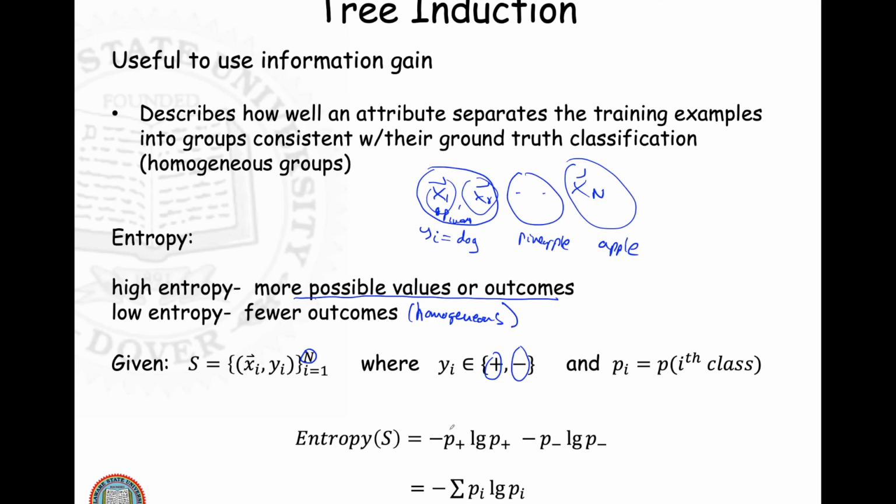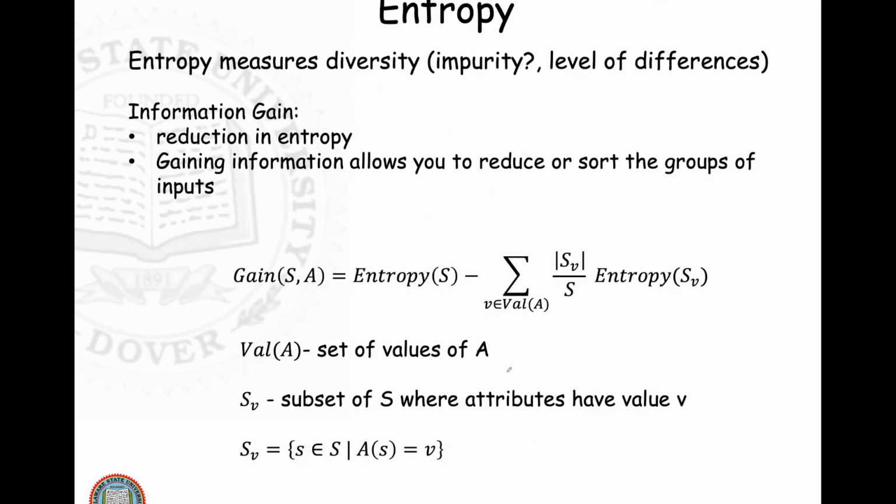So we have minus probability of the plus examples times log probability of plus examples, minus probability of the negative examples times log probability of the negative examples. So this is just your sum for all instantiations of pi log pi, the negative expected log probability for each one of the labels. And that's for the resulting groupings as a result of these tests for attribute values less than or greater than or equal to, for each one of the attribute values observed for the attributes in the vectors for your data set. All right.